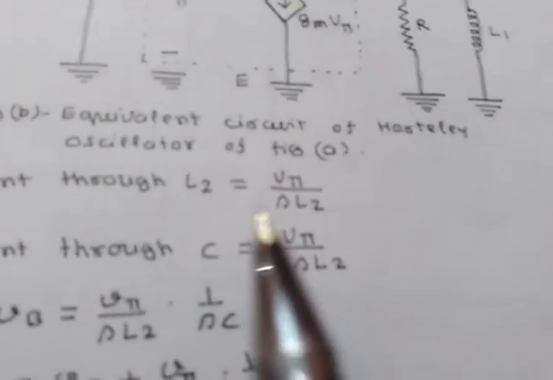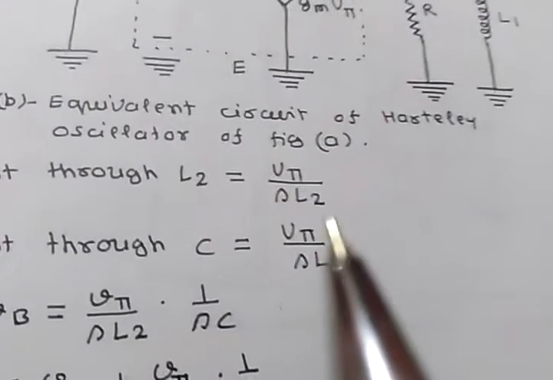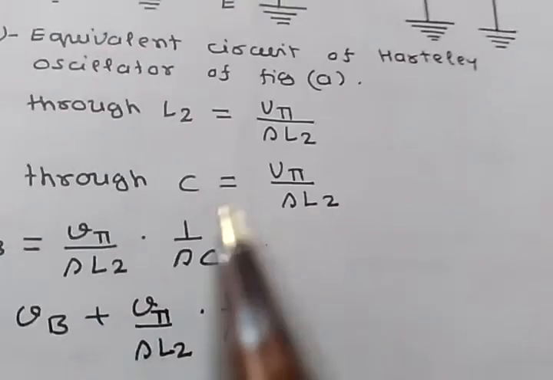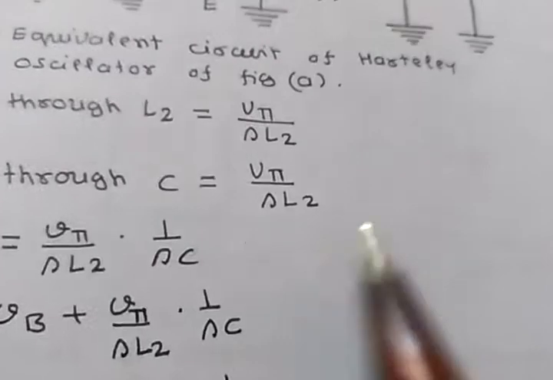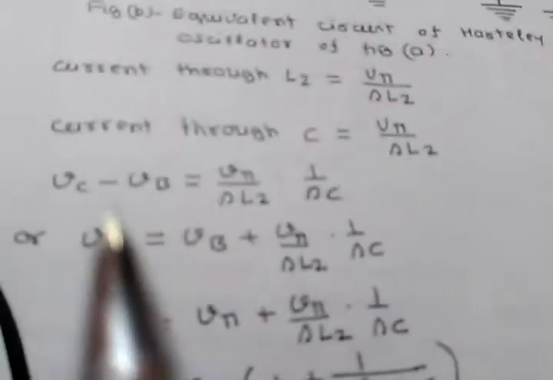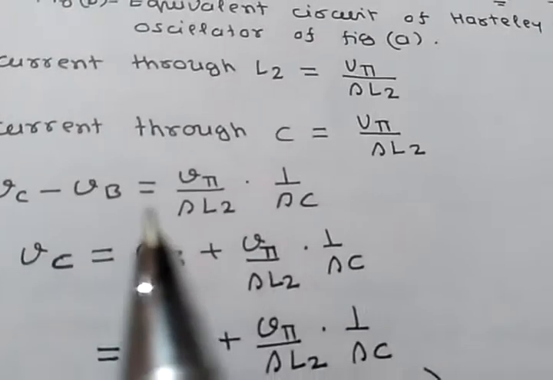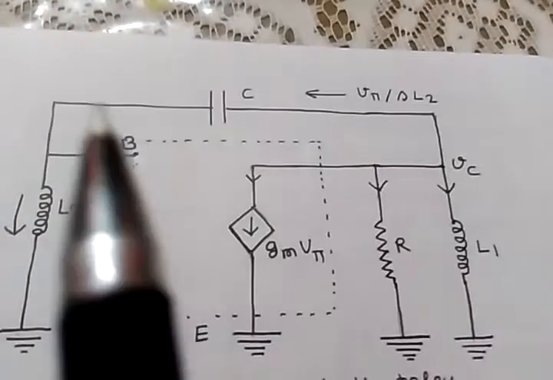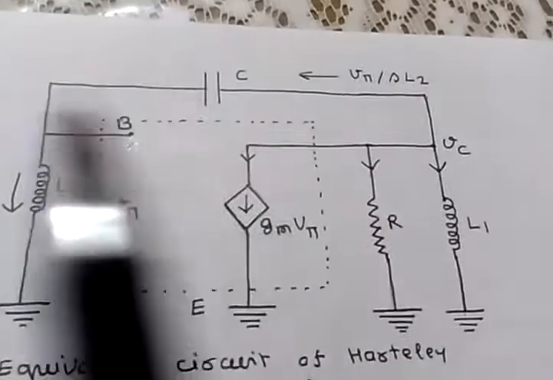So these things are written here. Current through L2 is V pi upon SL2, as we have just discussed. Current through C equals V pi upon SL2, the same current. VC minus VB, with VC here and VB here, is the voltage across this capacitor.